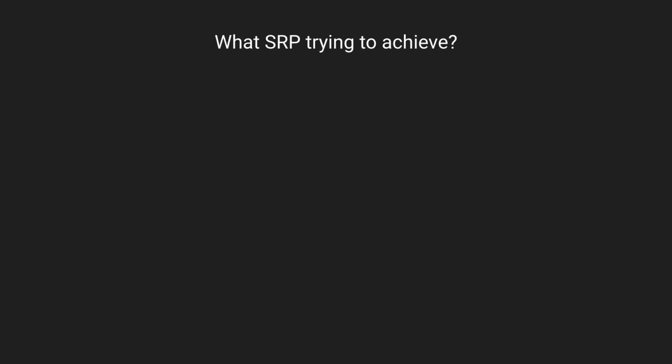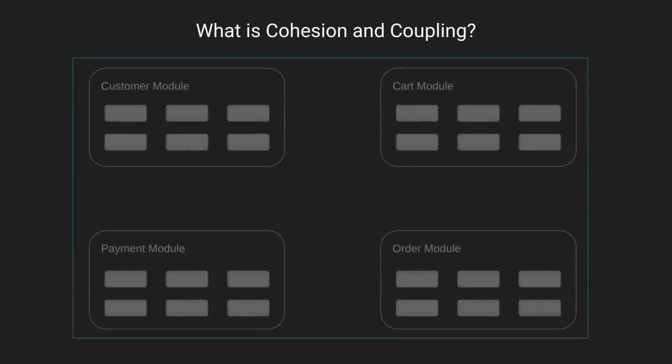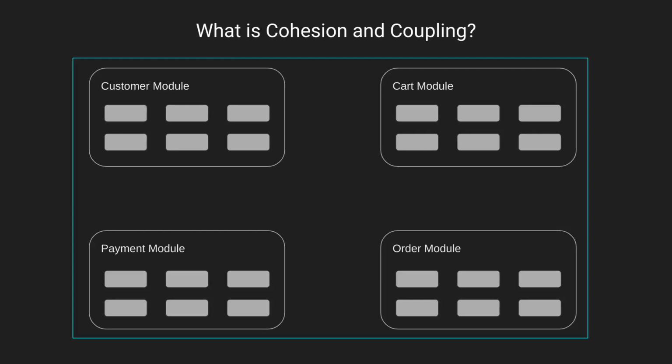It is basically trying to achieve high cohesion and low coupling. But what is cohesion and coupling? Let's say we have a simple e-commerce system with different modules: customer module, cart module, payment module, order module, etc. Coupling represents relationships between modules.